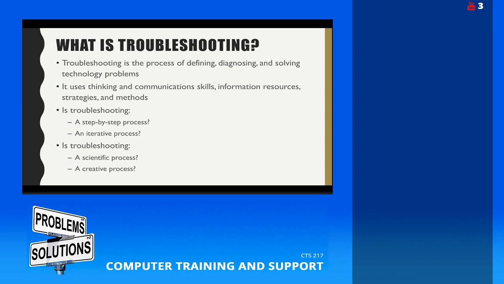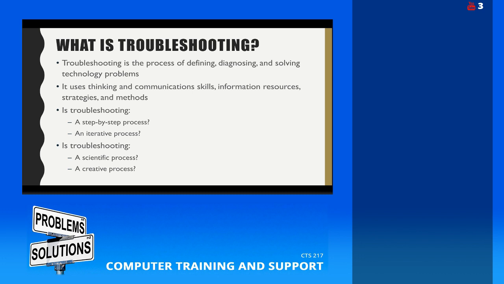So one of the key things to point out there is the defining, the diagnosing, and the solving. There are 3 steps to this troubleshooting process.